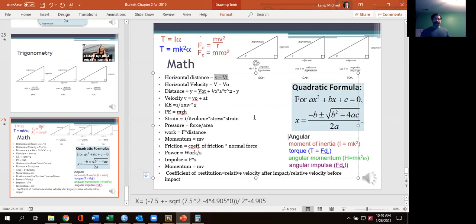So your B term should be that you should be left with essentially negative 14.14 plus or minus the square root of 14.14 squared minus 4 times 4.905 times 0. So that just gets scratched out. So you end up with a final equation of negative 14.14 plus or minus 14.14 over, since it's 2 times the 4.905, that's negative, you're going to be with negative 9.81.